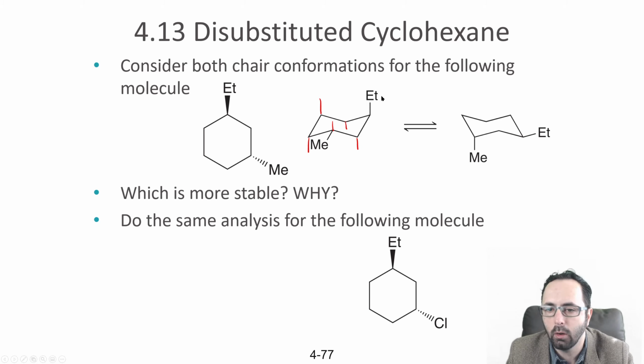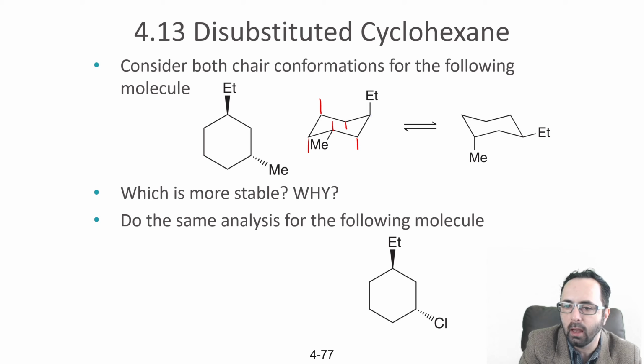Okay, notice that ethyl, and I'll draw the equatorial positions too. Let's draw them. Okay, equatorial. This one is parallel with this right here. And then this one right here is parallel as well with these. And then this one here is parallel.